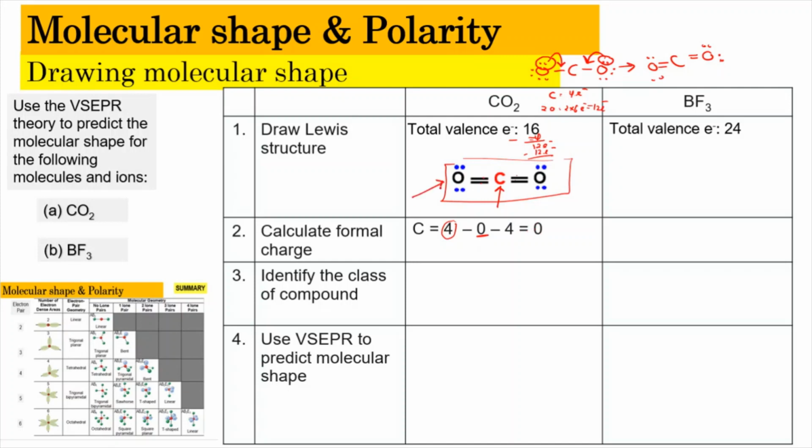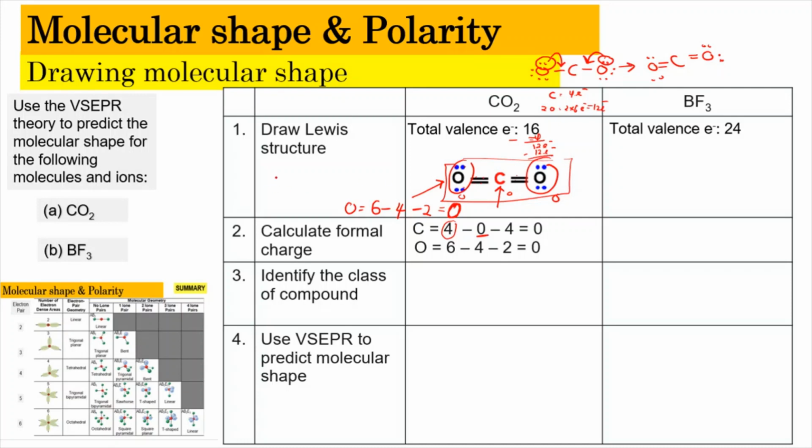For the oxygen, we know that oxygen has 6 valence electrons, minus the lone pair electrons, which is 1, 2, 3, 4, minus bonding pairs 1 and 2, so minus 2. So the formal charge here is going to be 0. And the oxygen on the other side is the same. So 0, 0, and 0. So this structure is basically stable.